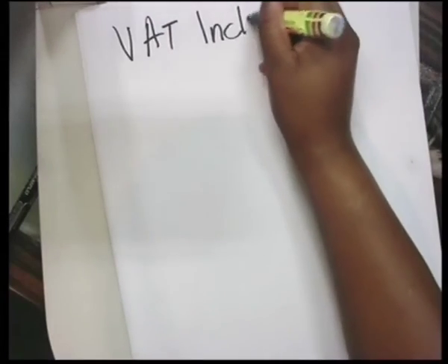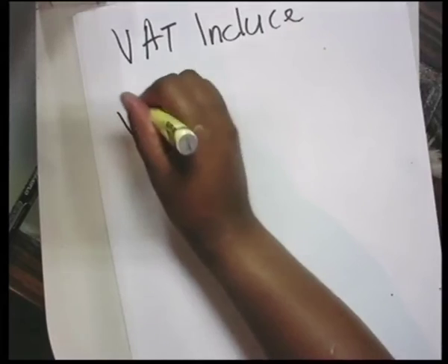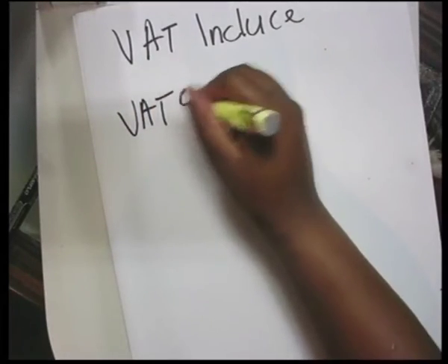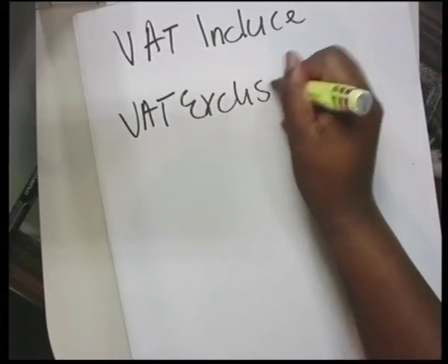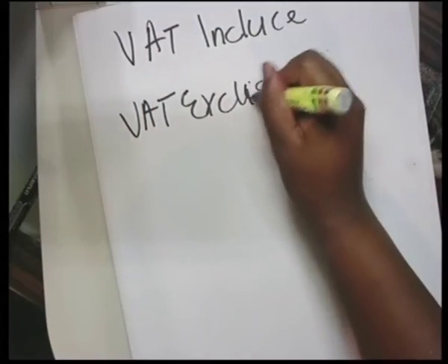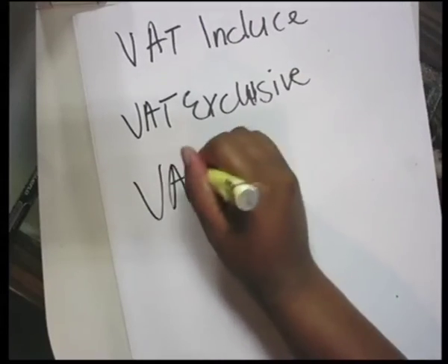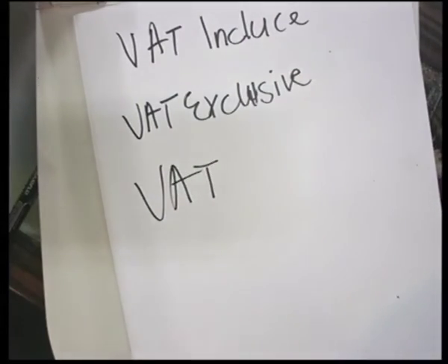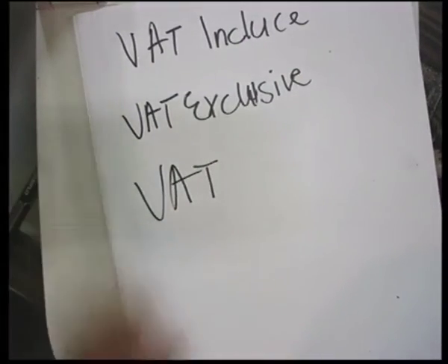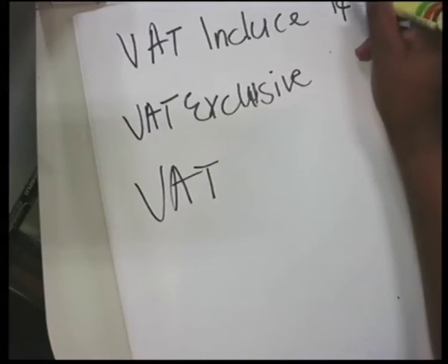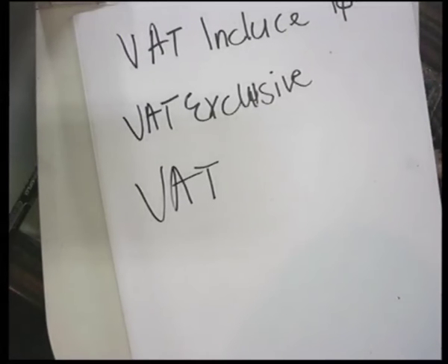Always remember the difference between VAT inclusive, VAT exclusive, and VAT. You need to know the difference between the three for the exams as well. Your VAT inclusive amount means your 14% VAT is included in this amount.